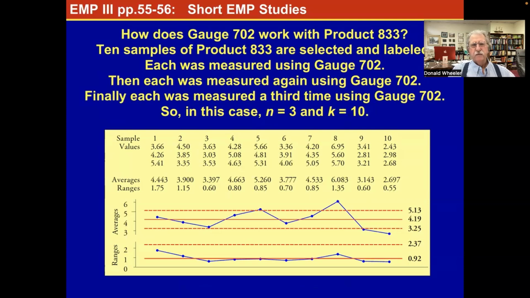10 samples of product 833 are selected and labeled. Each was measured using gauge 702. Then each was measured again using gauge 702. Finally, each was measured a third time using gauge 702.